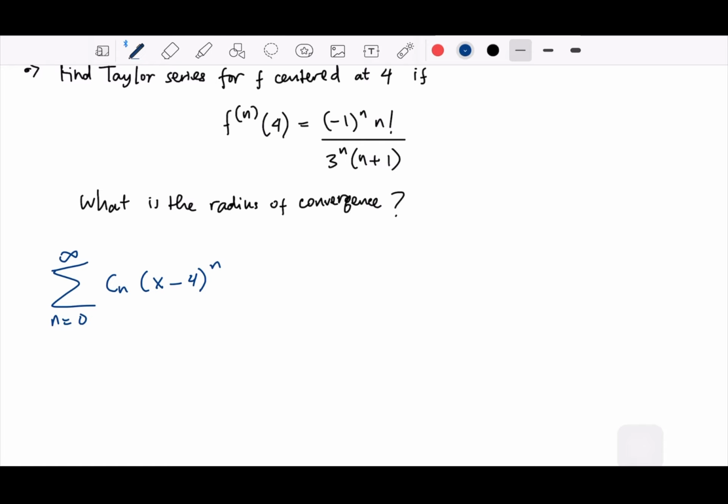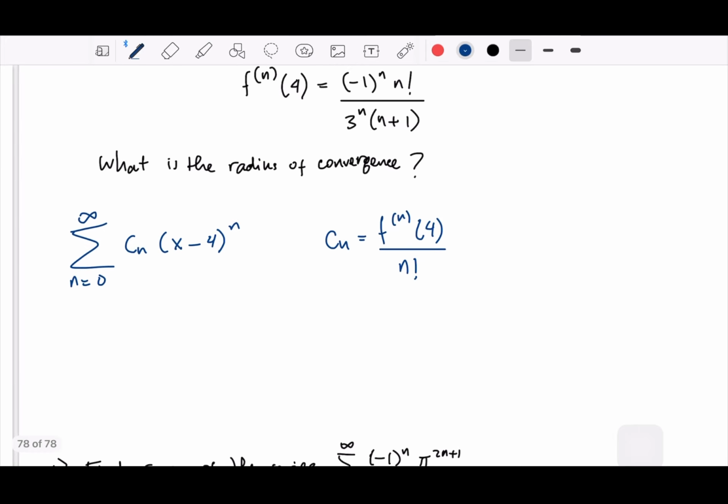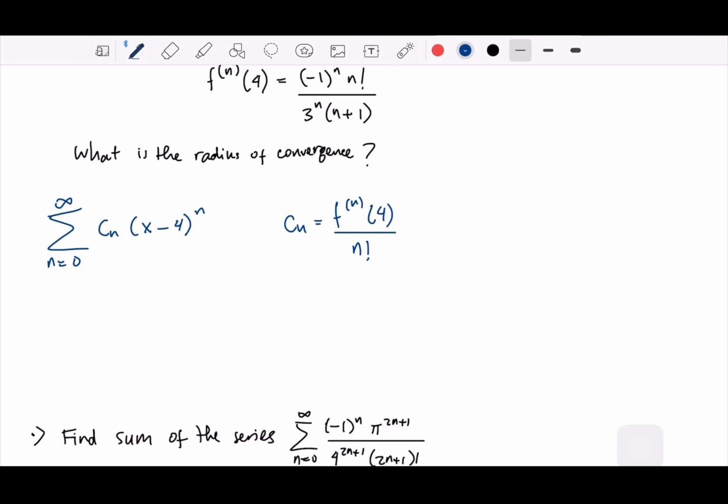This is the general form of power series. And in terms of Taylor, we can rewrite the Cn as f^(n)(4) divided by n factorial. So basically, the Taylor series can be written as the sum of that and then x minus 4 with power of n.